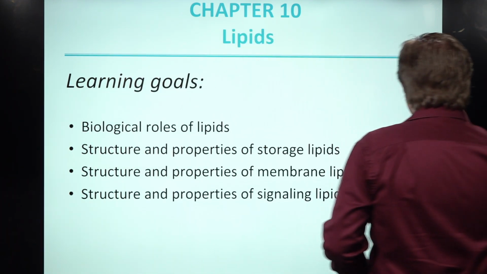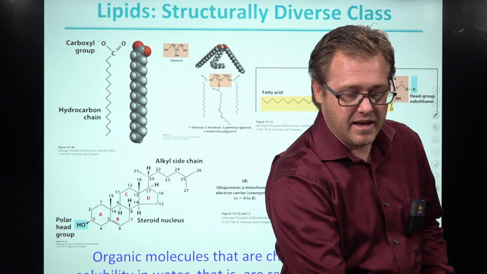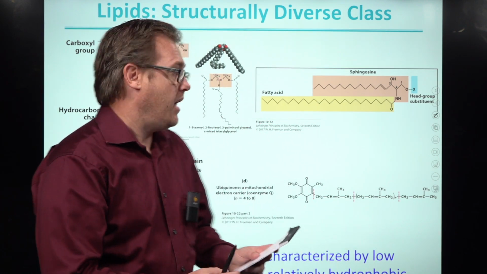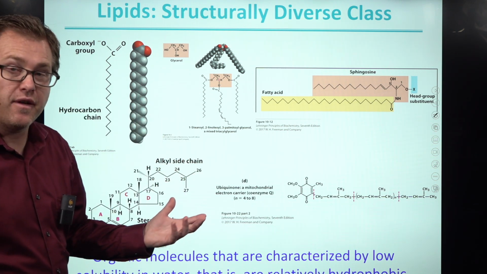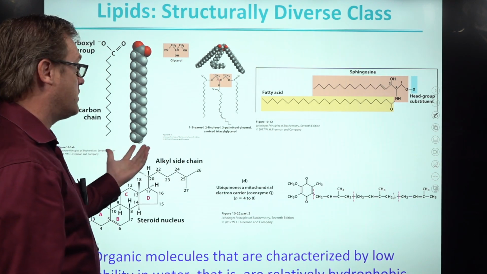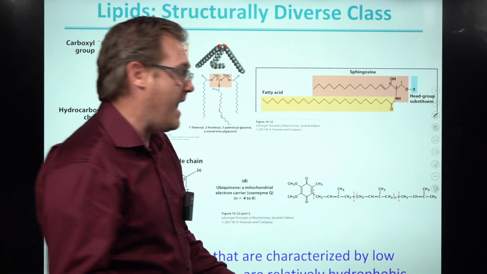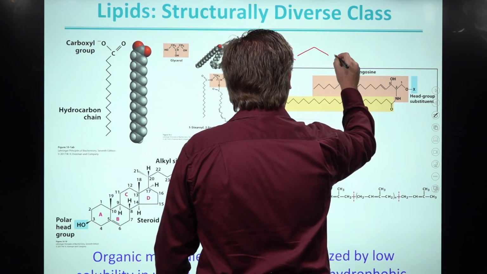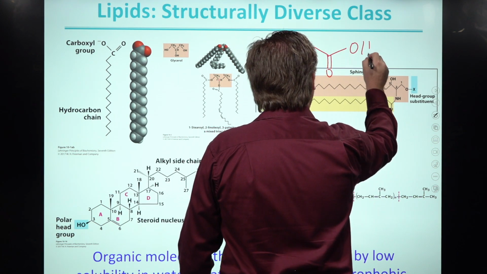So if we jump right in, we have to understand that when we say lipids, there they all are. Right? They're very diverse. There's many different structures to look at. It's not like when I said an amino acid, and when you look at an amino acid, people would draw this generic structure right here.